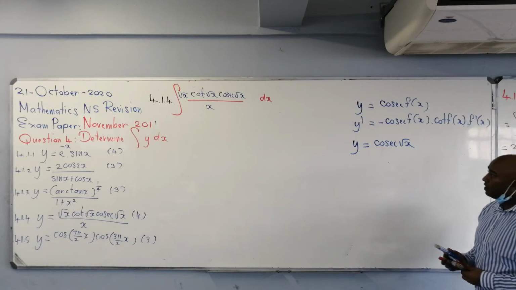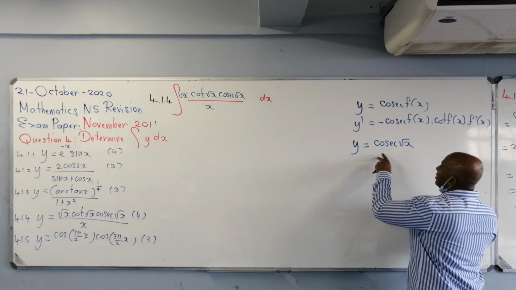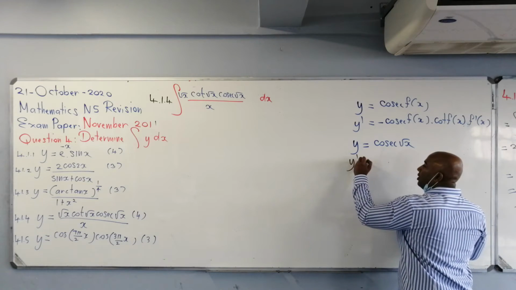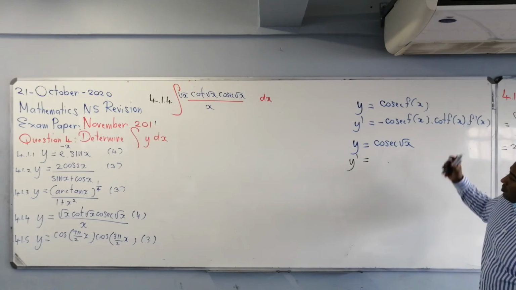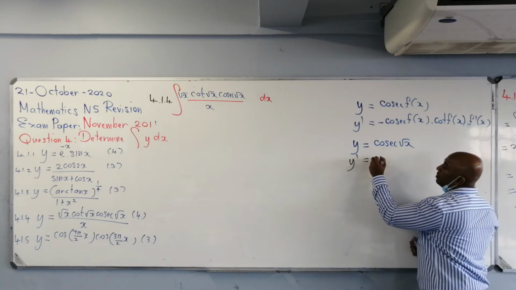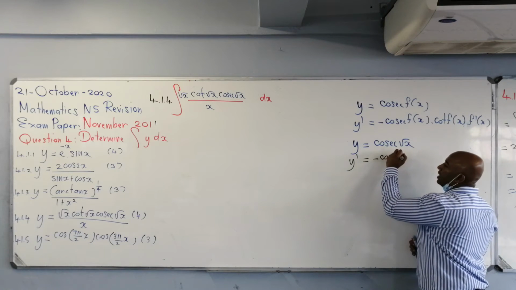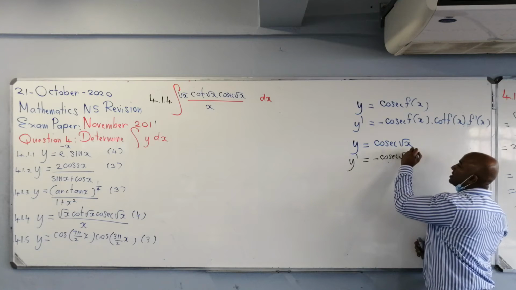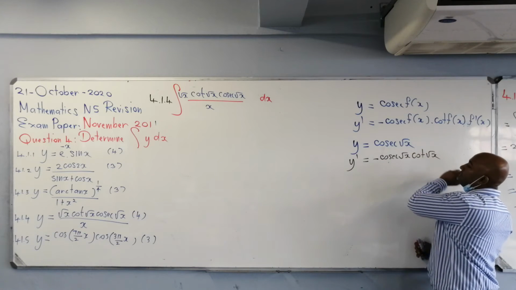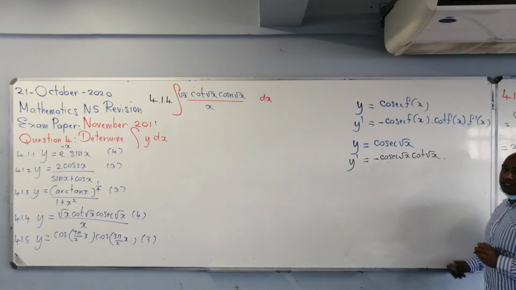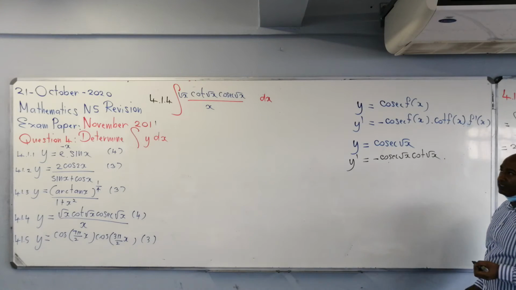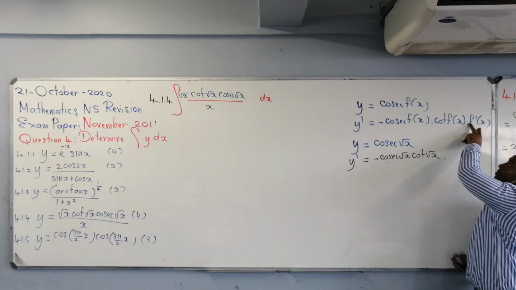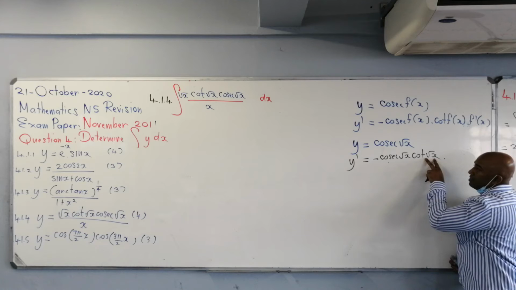Okay. So if y is equal to cosec of root x, then y prime, using the formula, the derivative of cosec is going to be negative cosec square root x times cot square root x times f prime x. So what is f of x? Square root x.